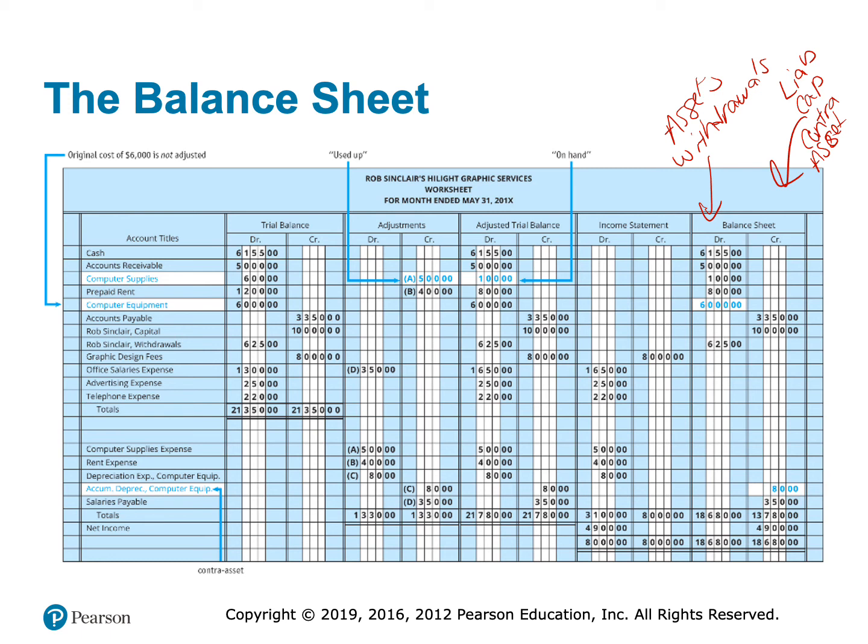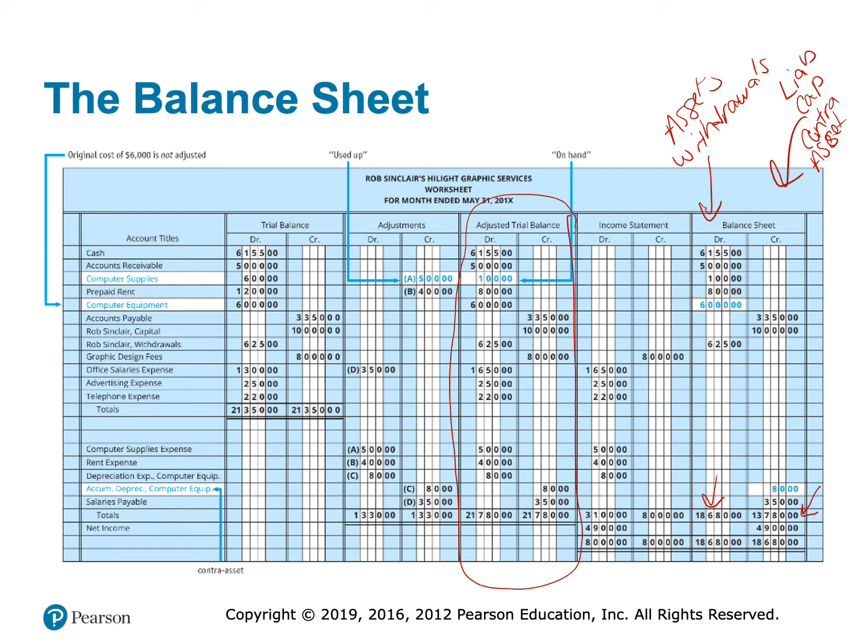So I'm going to pull those over, make sure you keep them in the correct accounts. Remember, we're pulling them from the adjusted trial balance column. That's the column that we're pulling them from. And now I'm going to add those up. So notice here my debits total 18,680 and my credits totaled 13,780.